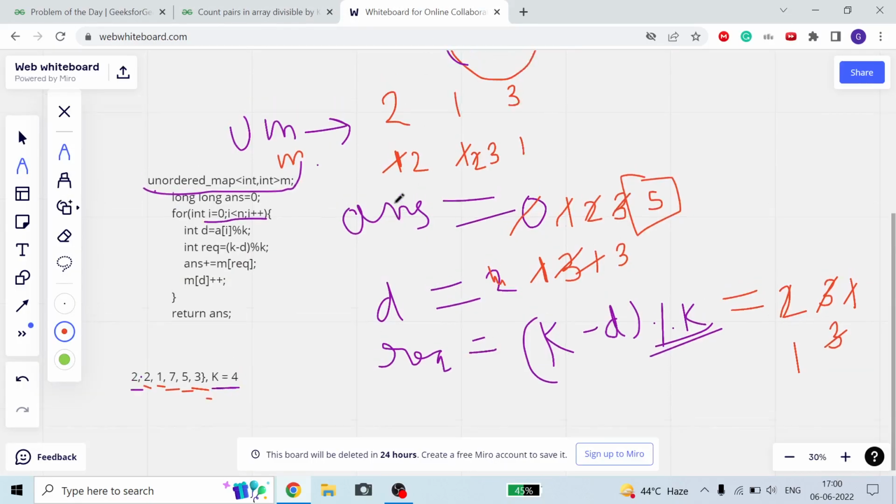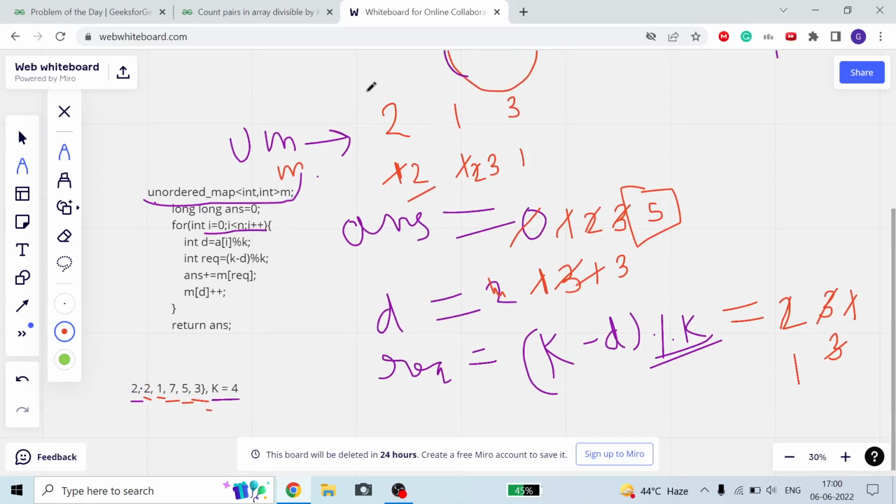Okay guys, and you can see we have two numbers whose remainder is 2. Now we have three numbers whose remainder is 1, and we have only one number actually, just a minute. Okay, md plus plus, it will remain 2.